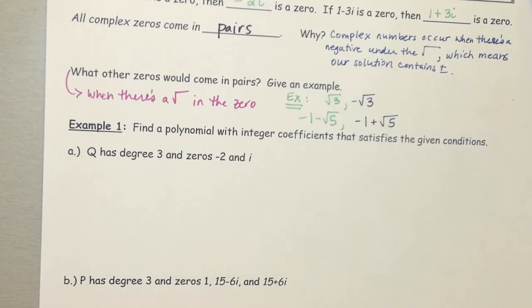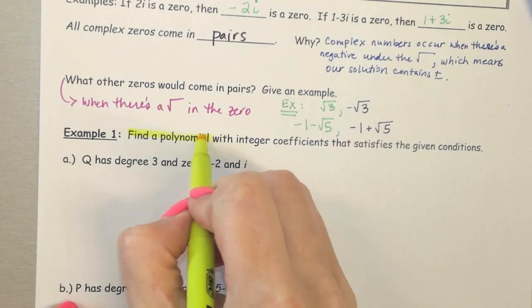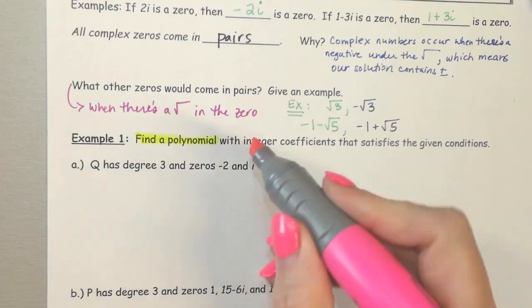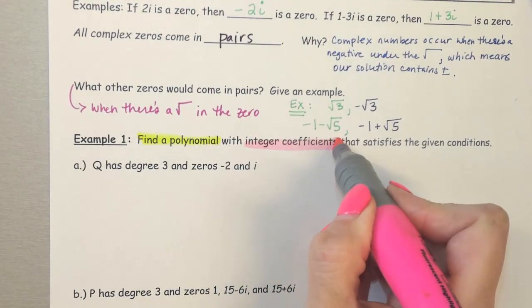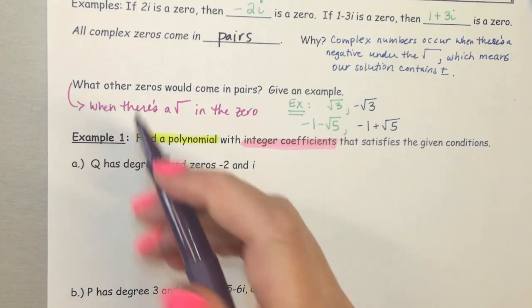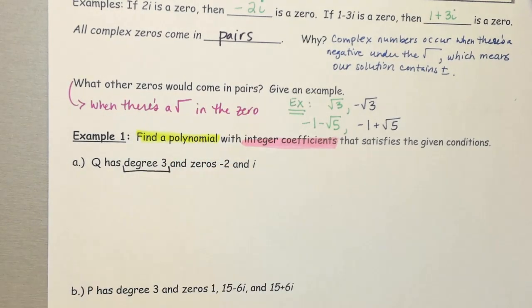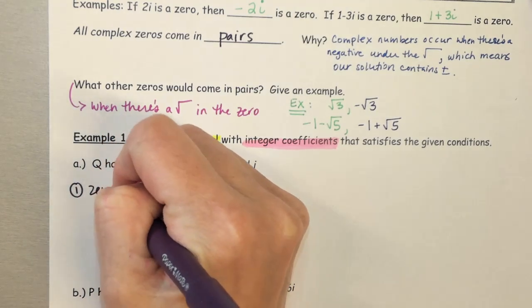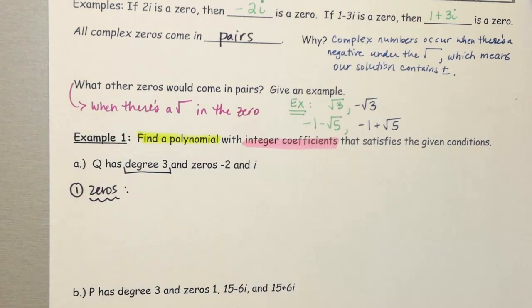All right, so we're going to find a polynomial with integer coefficients that satisfies the given conditions. The first polynomial we are going to make is q. It has a degree of 3. So remember, if it has a degree of 3, that means it has how many zeros? 3 zeros.